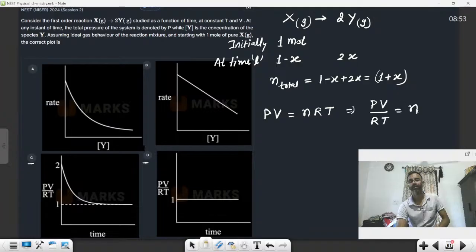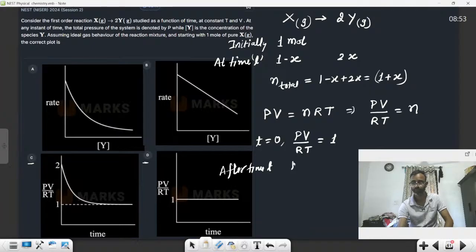So initially at time t0, PV upon RT equals 1, and after time t, PV upon RT becomes 1 plus X. That means initially it is 1 and after time t it becomes 1 plus X. And at infinity X becomes 1, so it becomes 2.